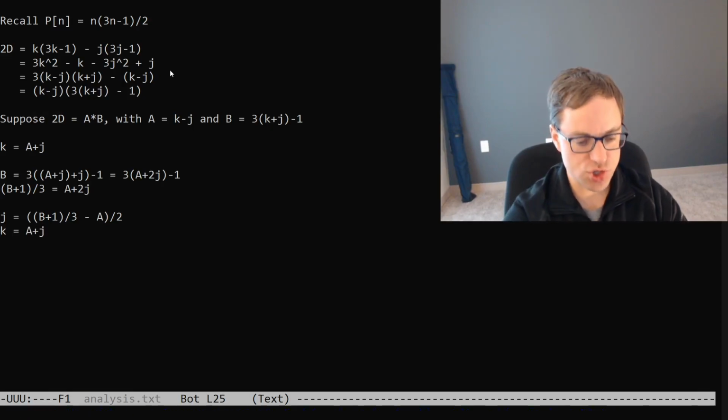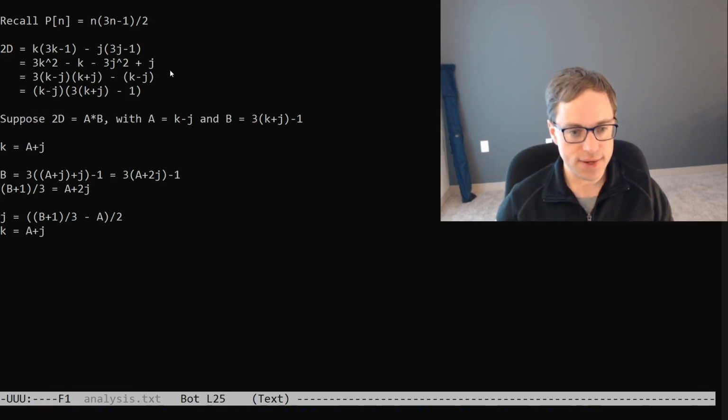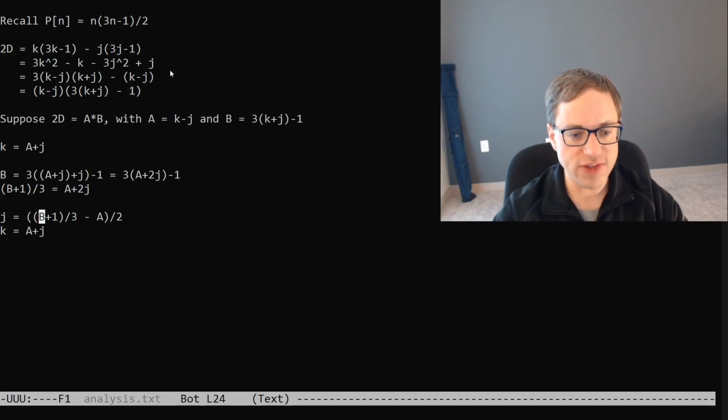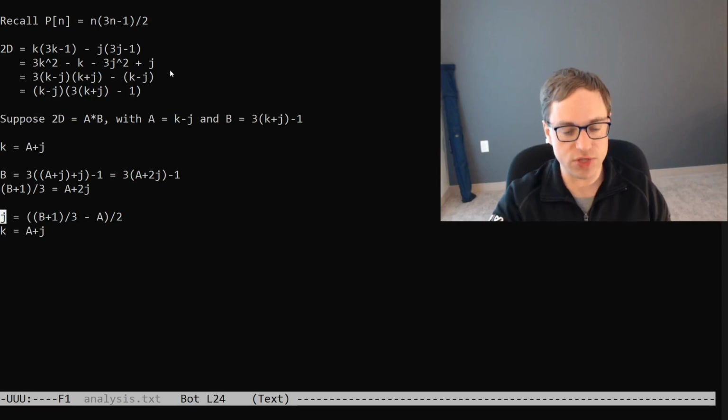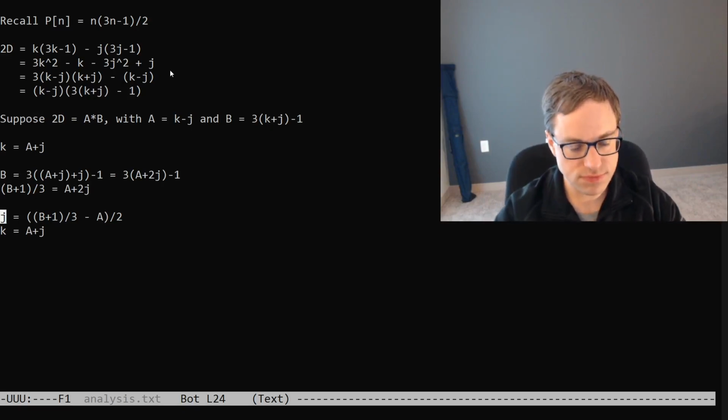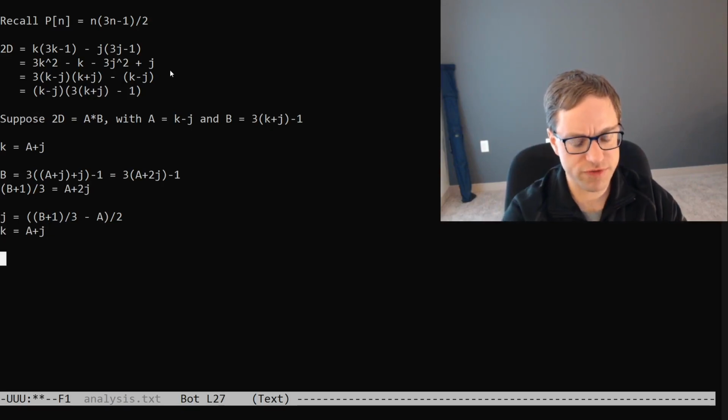Now we just have to make sure that they're actually valid. Obviously, you can't have a fractional or negative value of j. So the first thing we want to check is j has to be greater than 0. And we can determine when that's the case just by doing b plus 1 over 3 minus a over 2 is greater than 0.